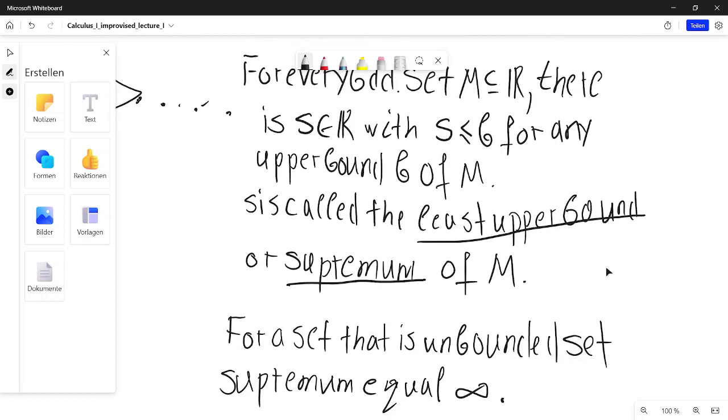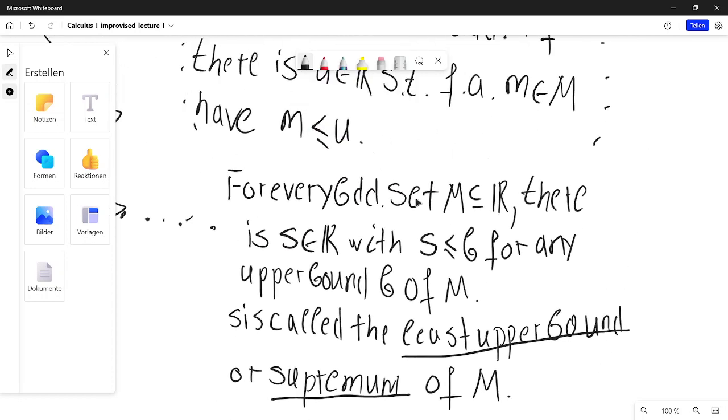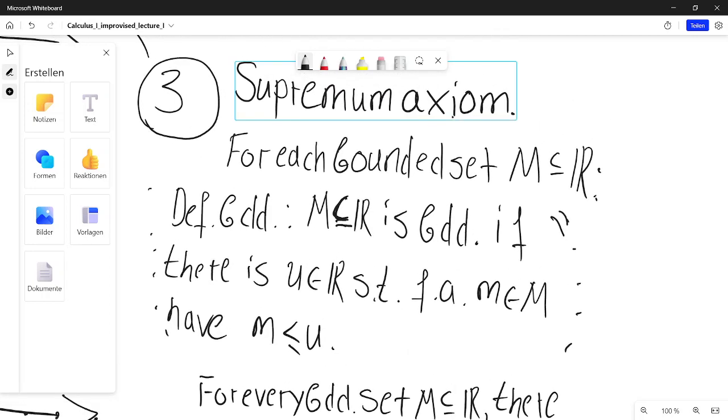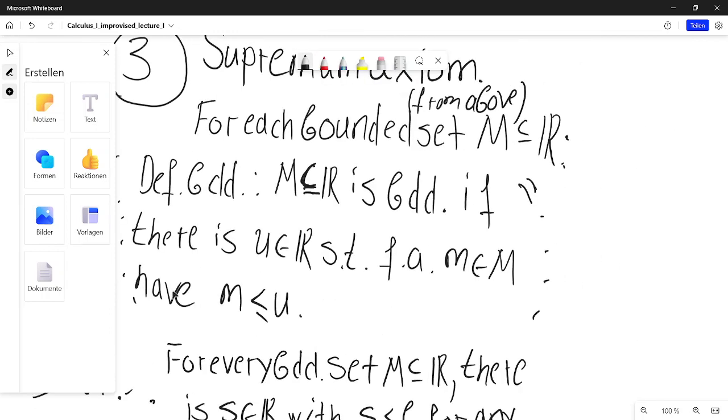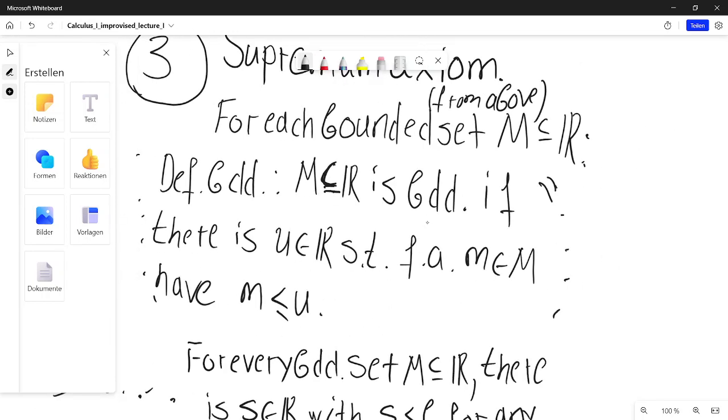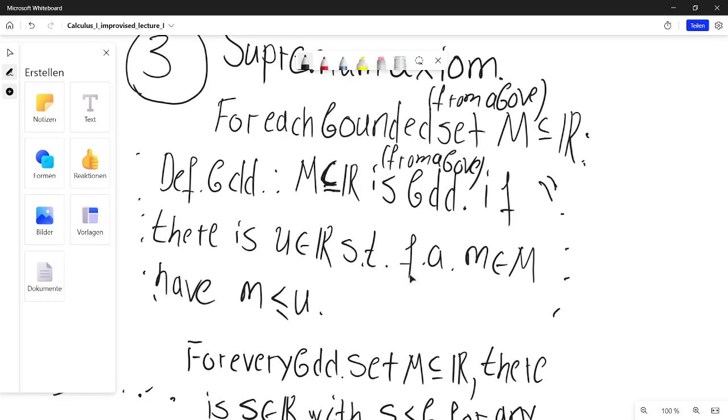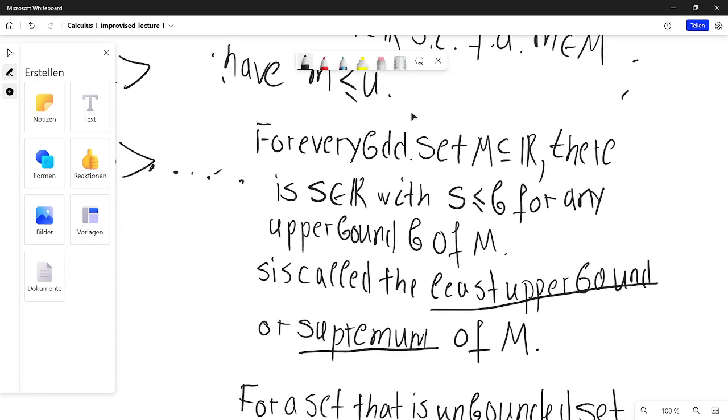Alright. And of course, the boundedness that we have here is from above, because we could have also gone to the down end and considered boundedness from below, right? And of course, there is another notion, but we don't need it yet. The supremum axiom is just stated like that. Bounded from above.